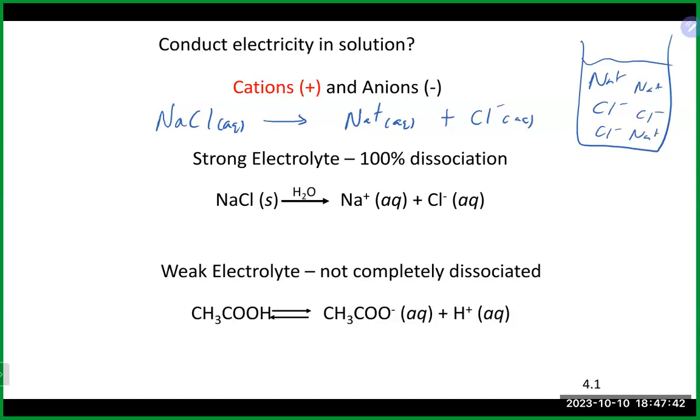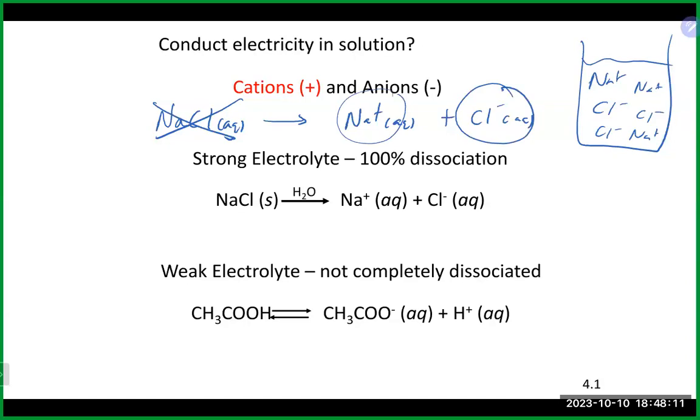It's going to completely dissociate into ions and conduct electricity really, really well. Pretty much most ionic compounds are strong electrolytes. They will break apart in solution 100%. You have absolutely none of these units still together in that solution. So there's no sodium chloride unit still together.